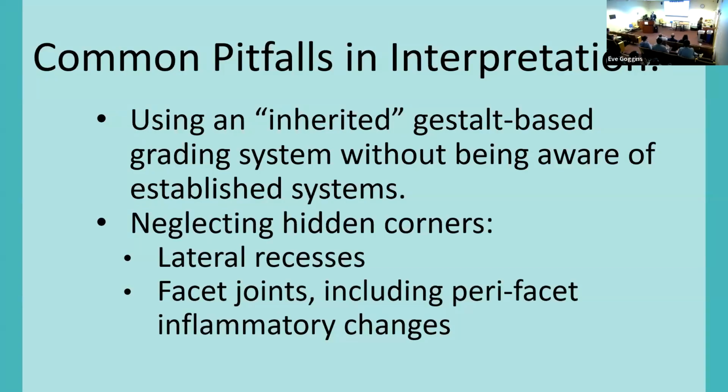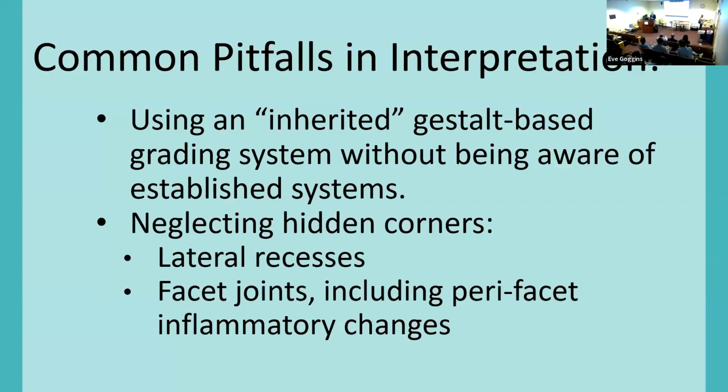The other common pitfall is detecting hidden corners. In lumbar spine MRI, radiologists, I find for the most part, think about foraminal stenosis and spinal stenosis. Spine surgeons think about three things: foraminal stenosis, lateral recess stenosis, and spinal stenosis. And there can be clinically significant abnormalities in the lateral recess that you're not going to see unless you specifically look there.